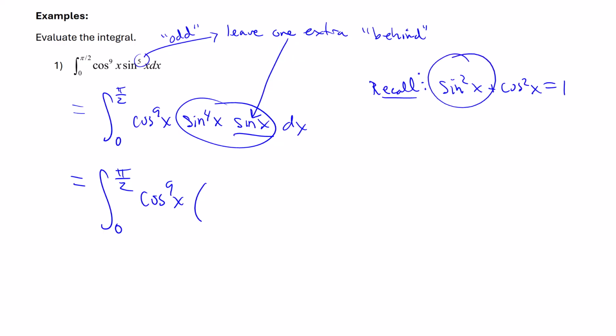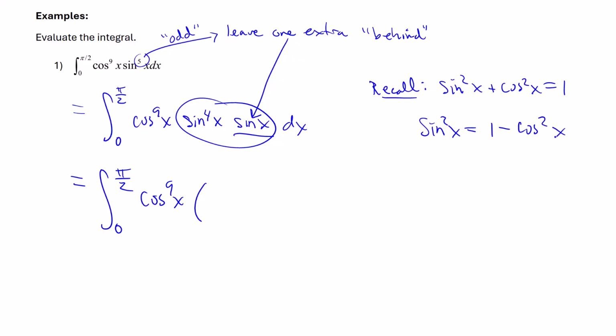I said we're picking on sine for this one, so I'm going to stick with that. Sine squared, if I solve for it in the Pythagorean identity, I could say that sine squared of x is equal to 1 minus cosine squared of x.